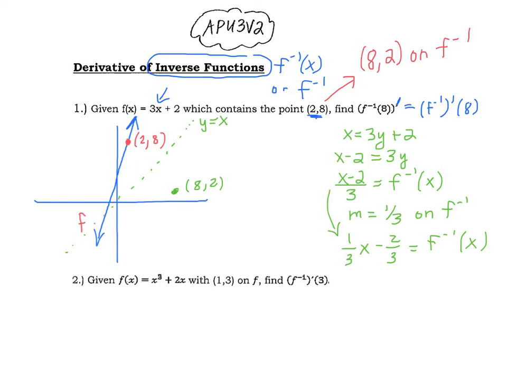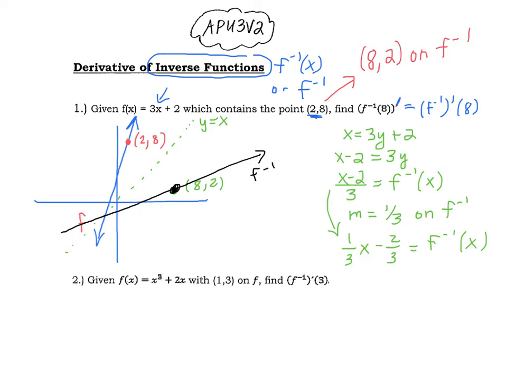So if we were to graph this, it's going through that point (8, 2). It's a reflection over that line, y equals x. So this is my inverse graph.